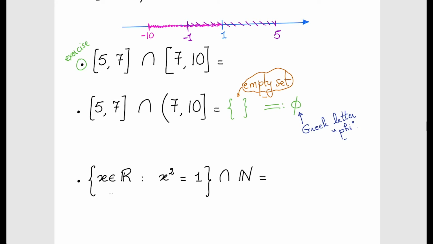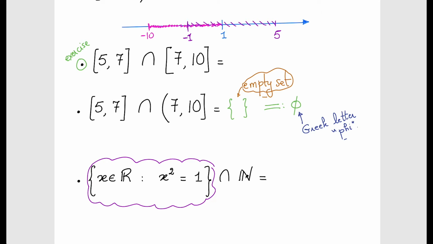Alright, lastly, I have an intersection between two sets. The first set is this guy, and the second set is the set of natural numbers. Okay, we know what this set is. This is the set of positive integers.